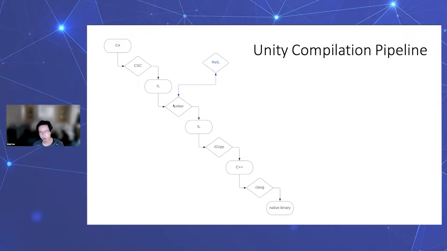It's very similar to LTO, and it does some optimization because you can see everything. Then it generates IL again. Then IL2CPP takes all the IL and converts it to C++, and then C++ is compiled using Clang to a native binary. So our tool is ReIL. It lives in the linker. It's a linker plugin, so it does IL-to-IL transformation.